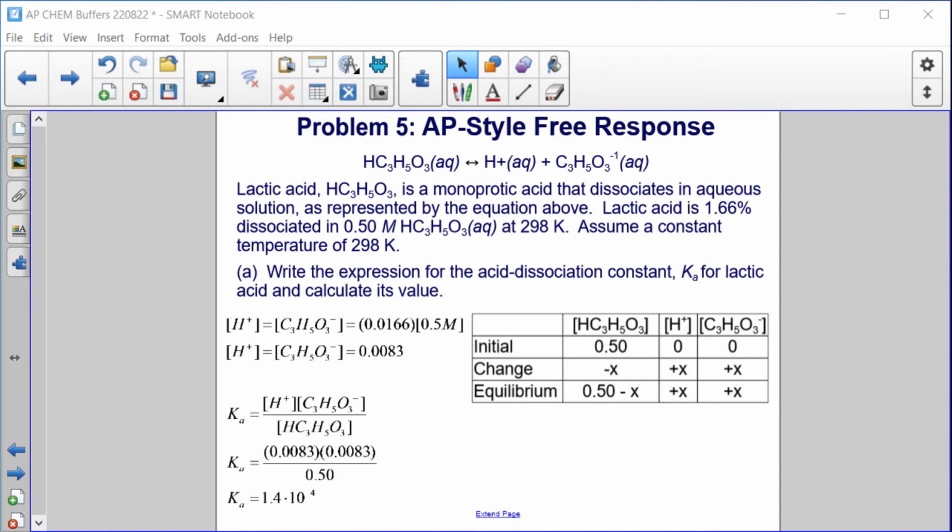So we know that the hydrogen ion concentration and the lactate ion concentration are equal. You can see that from this equilibrium chart I made, where the dissociation of 0.5 molar lactic acid results in a final amount of X for both the hydrogen ion and the lactate ion.